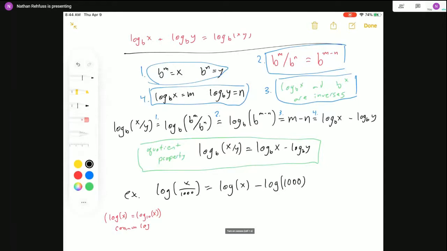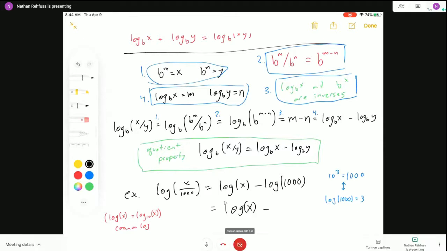And since I know that 10 cubed is 1,000, that's the same piece of knowledge, just written in a different form, as the piece of knowledge that log base 10 of 1,000 must be 3. So I've gone from log x divided by 1,000 to log x minus 3. Dividing by 1,000 on the inside was the same as subtracting 3 on the outside.